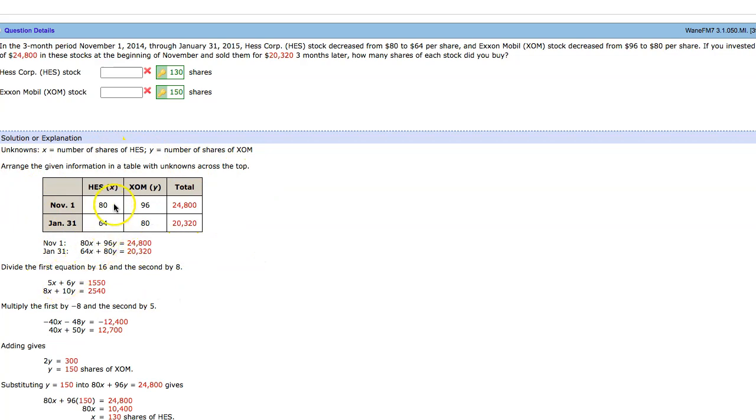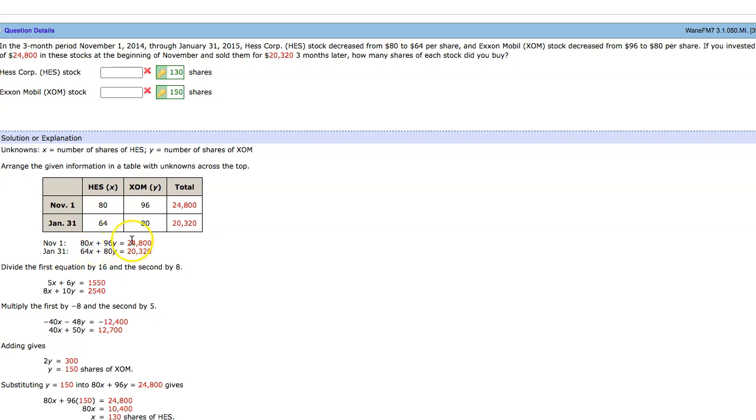Then you can do, let's see, in a 3 month period, the stock went down from 80 to 64. So 80 goes here, 64 goes here. Now that was for Hess. So that's in the Hess category. Hess is X, let's say, and ExxonMobil is Y. And then ExxonMobil goes from 96 to 80. So put that here.